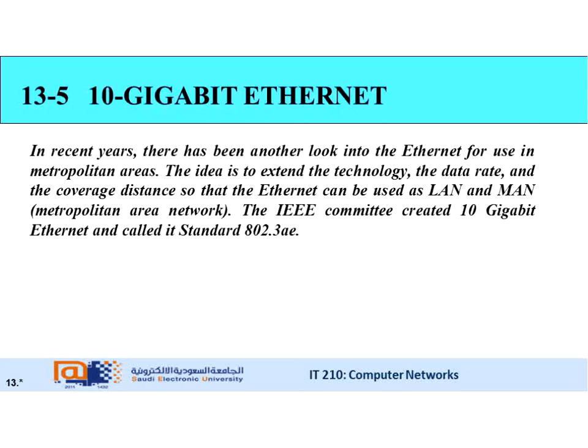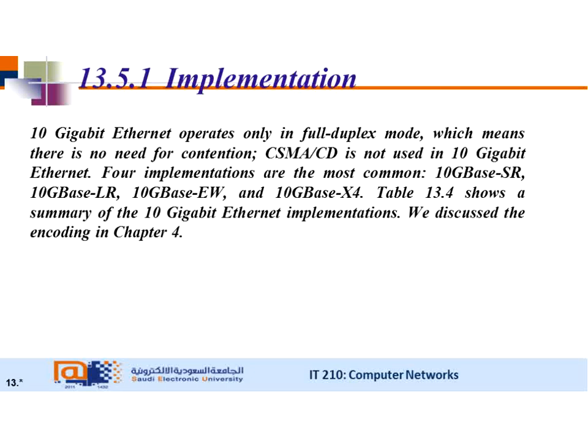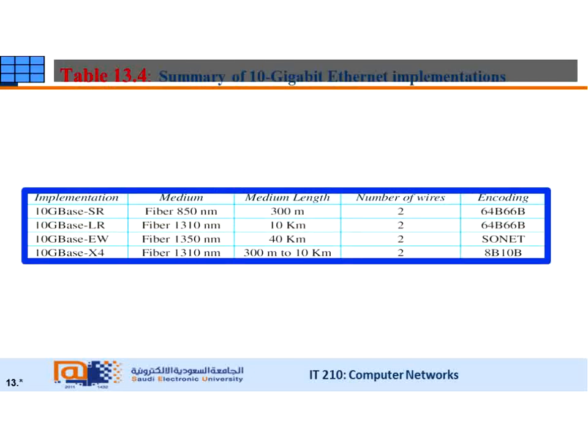Now we have 10 Gigabit Ethernet. The idea is to extend the technology, the data rate and the coverage distance so that Ethernet can be used as LAN and MAN.